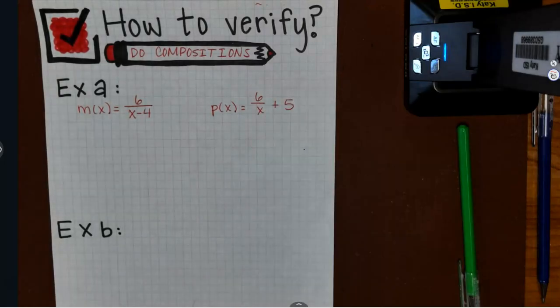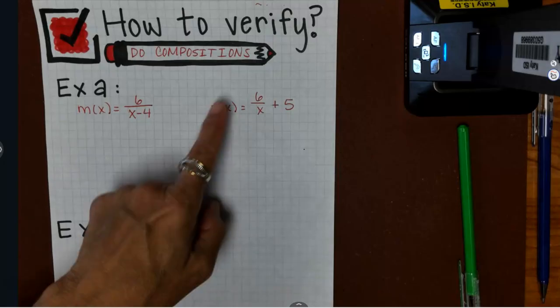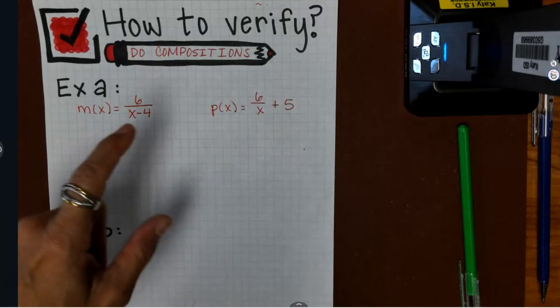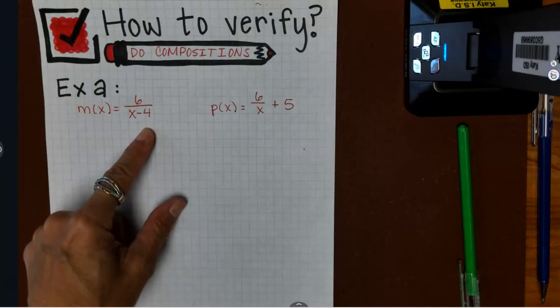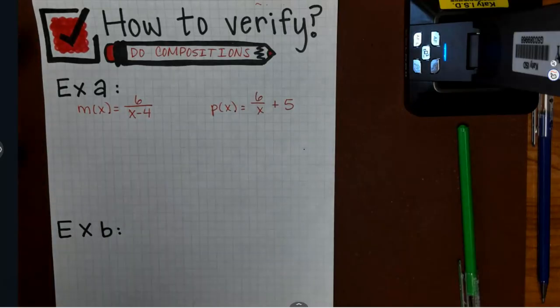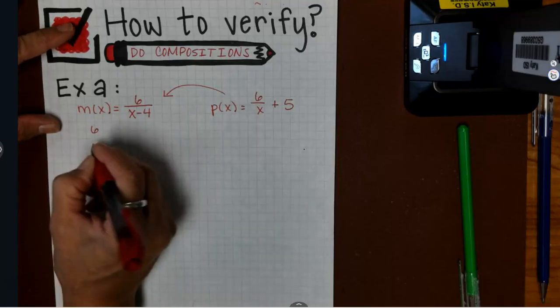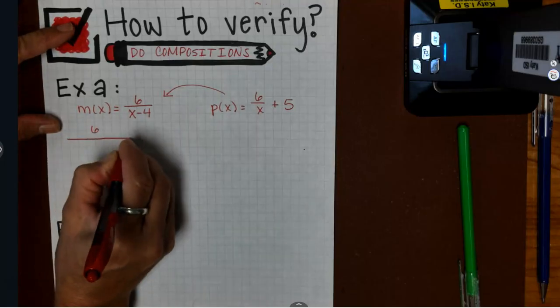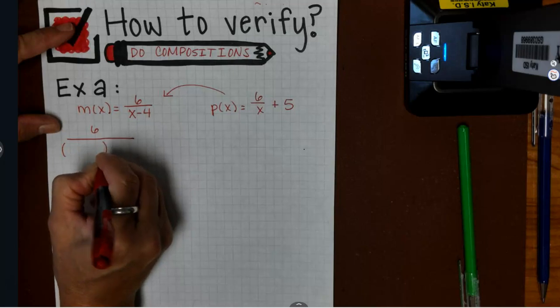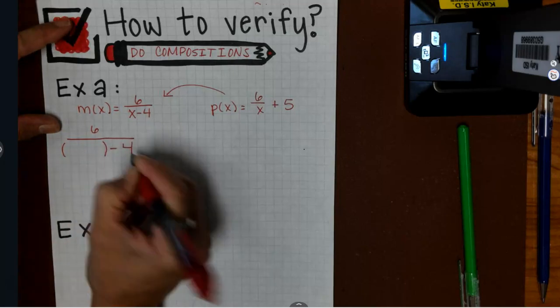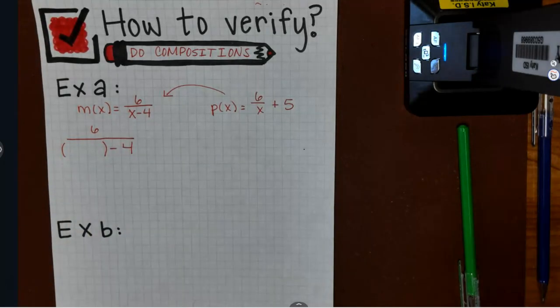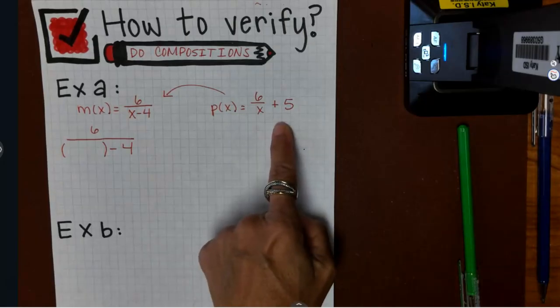And we're going to do a composite. So I'm going to put this into that, and I'm going to see what happens. So here we go. The original was 6 divided by x minus 4. So wherever the x is, I draw a big giant open parentheses because that's going in there.